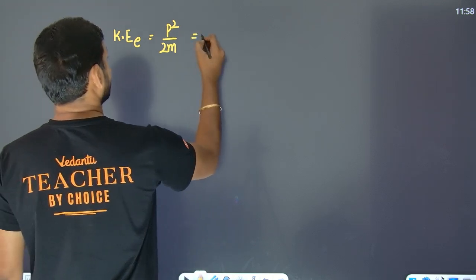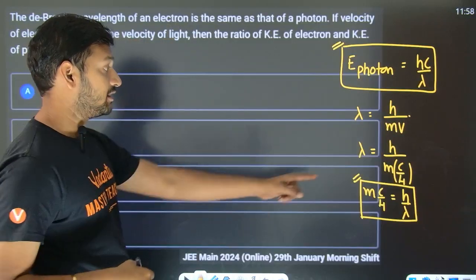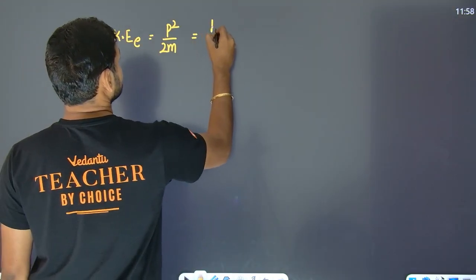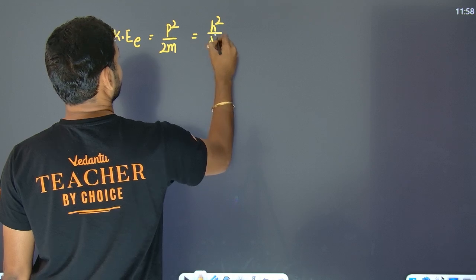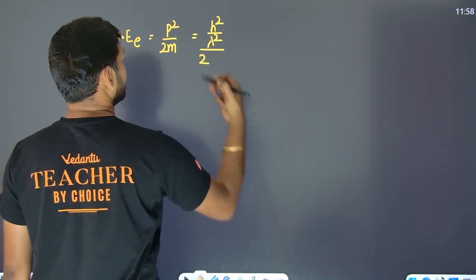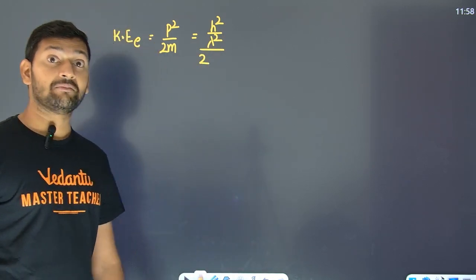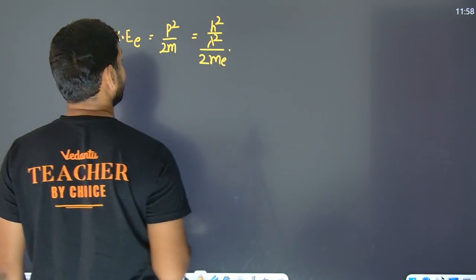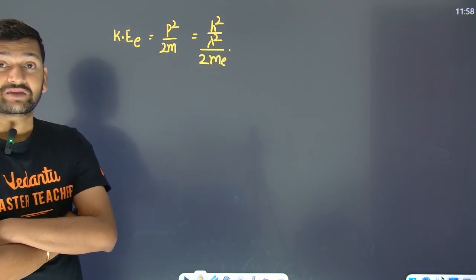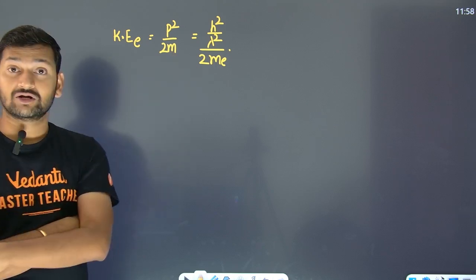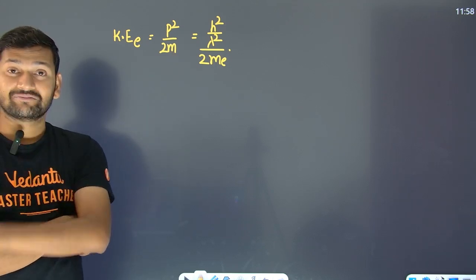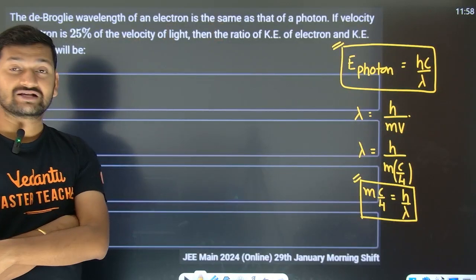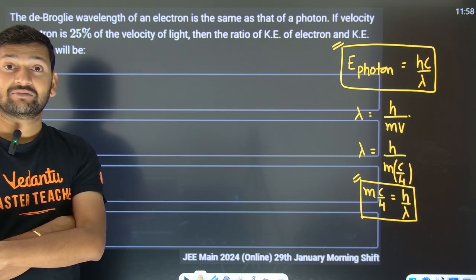What is that momentum square? h square by lambda square, divided by 2 times the mass of electron. But look, if you want to compare the energies, even mass should not be present. Now let us go back to the very same thing. Mass can be written as what? h by lambda by c by 4.